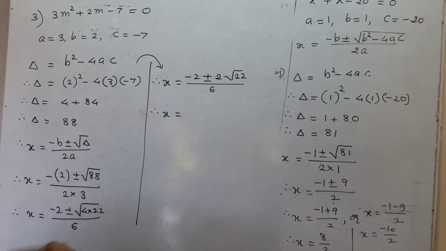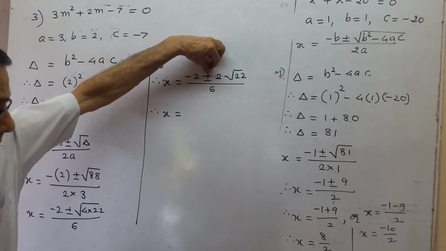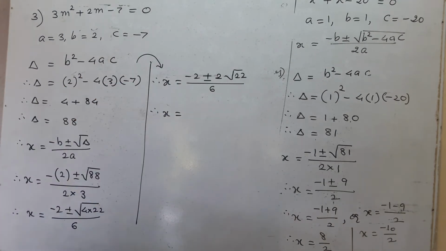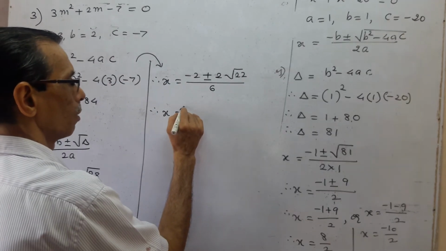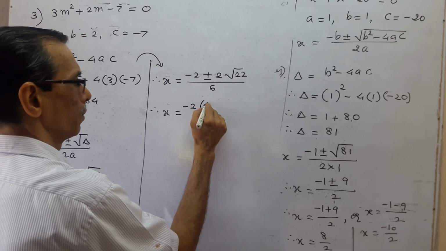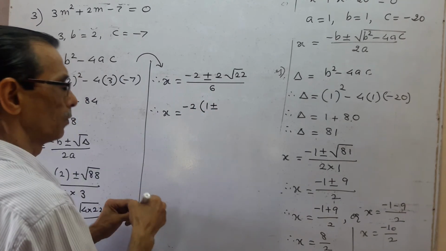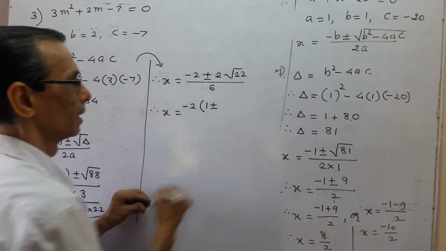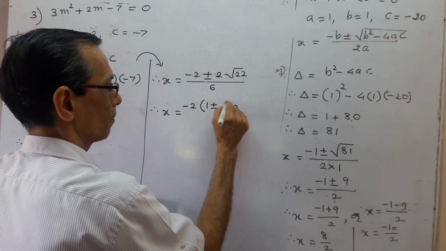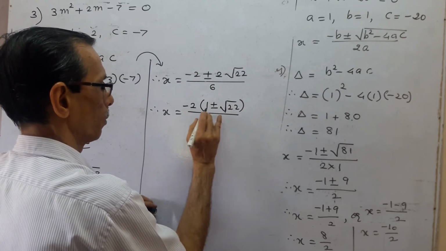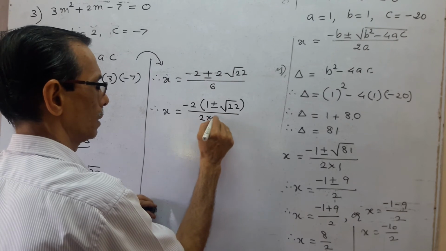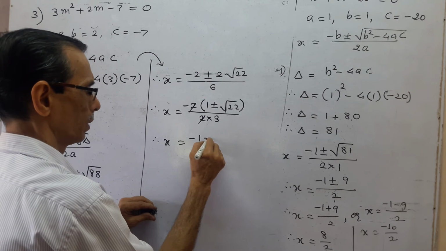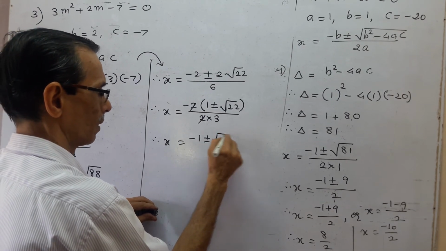And therefore x is equal to, there are two terms. Minus 2 is the first term, and plus or minus 2 into root 22 is the second term. Both terms have 2 common, so let us take minus 2 common. In the bracket, 1 plus or minus, your sign will change. This will become plus and that will become minus, but again it will be the same, plus or minus, root 22, upon 2 upon 6. But 6 is 2 threes, so this cancels, and therefore x equal to minus 1 plus or minus root 22 upon 3.